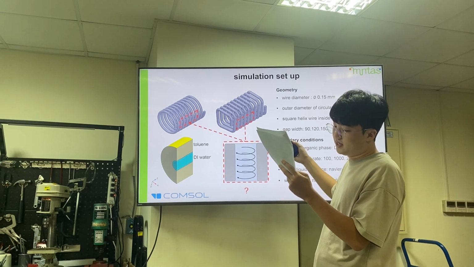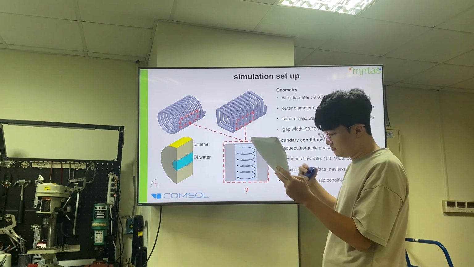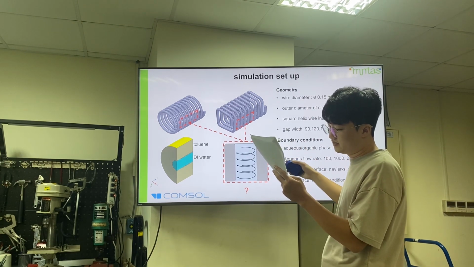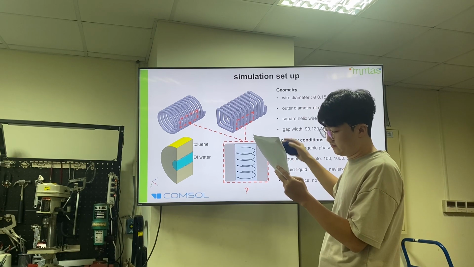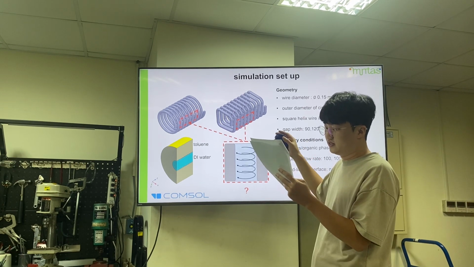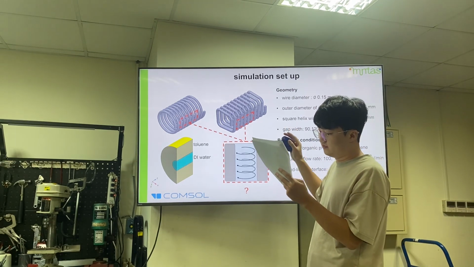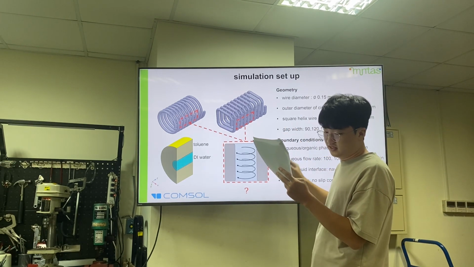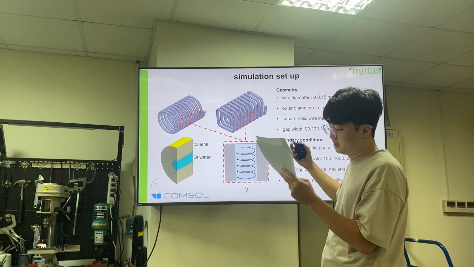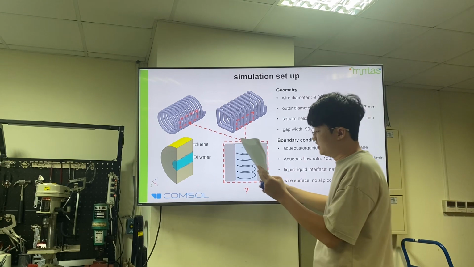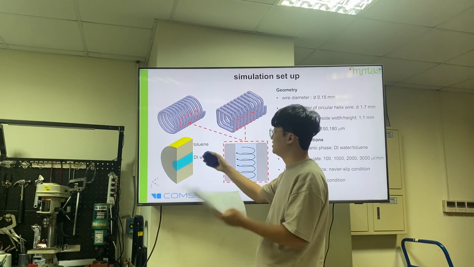The simulation models were developed using COMSOL multiphase, involving helix wires made of 304 stainless steel with a diameter of 0.15 millimeters. The investigation centers on the internal fluid, hence the outer flow rate of toluene is set to 0.